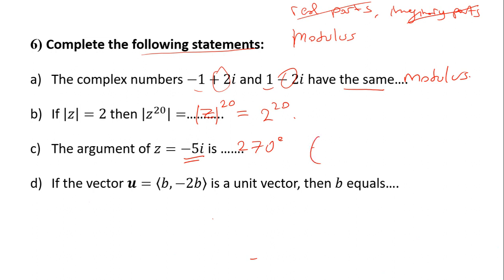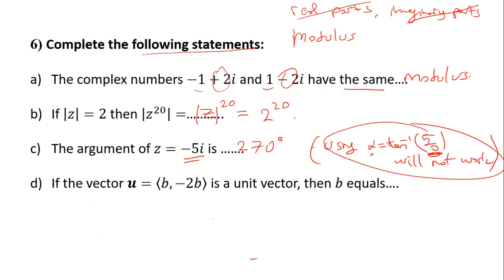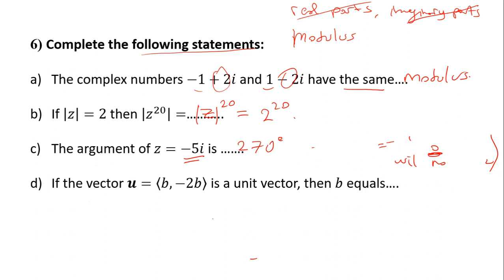So here in this problem, using alpha equal to tangent inverse of 5 over 0 will not work, because this is undefined. Which angles are making it undefined? It might be 90 degrees or 270. So this is not the way we go here.